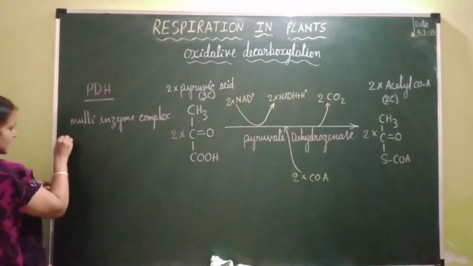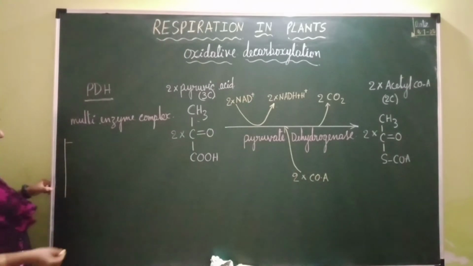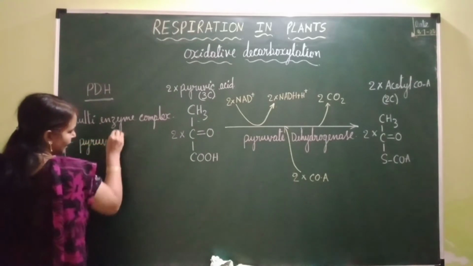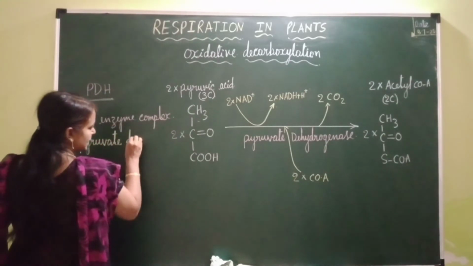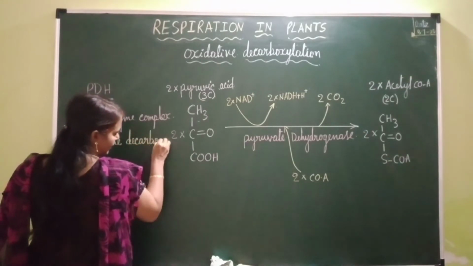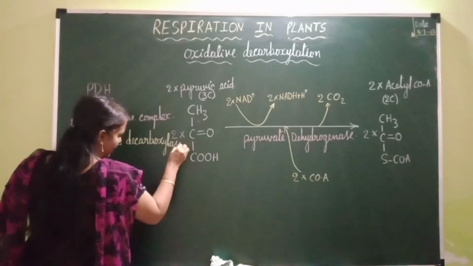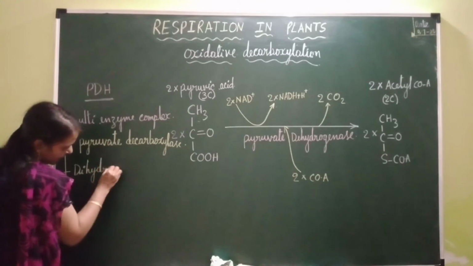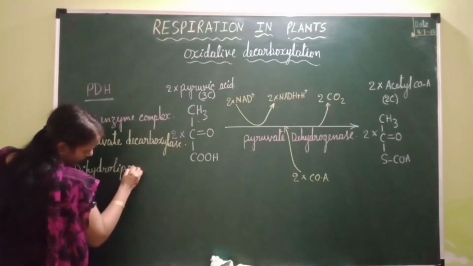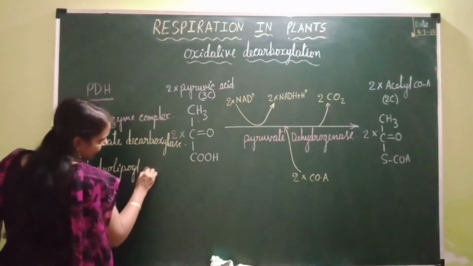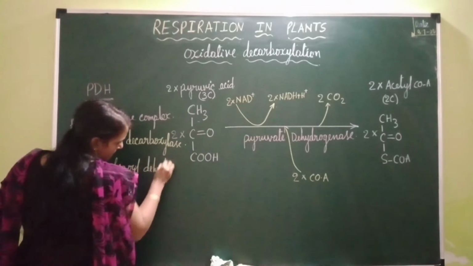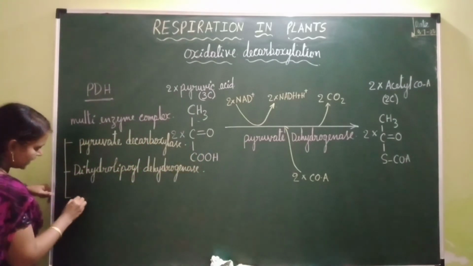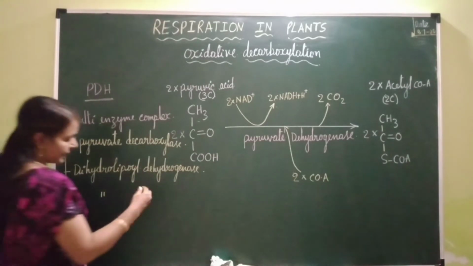Those three enzymes present in this PDH are pyruvate decarboxylase, or pyruvic acid decarboxylase, then dihydrolipoyl dehydrogenase, and the third enzyme is dihydrolipoyl transacetylase.